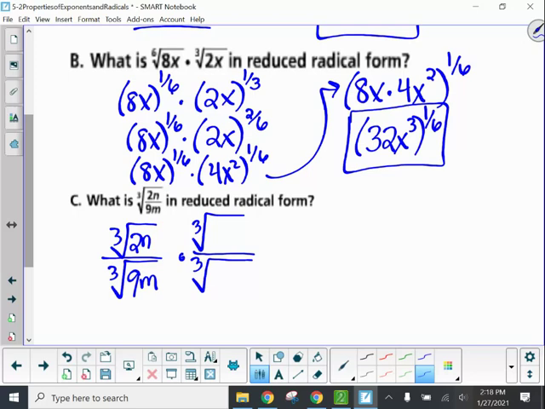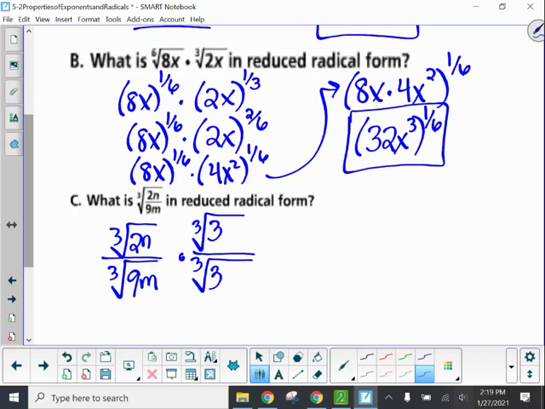Well, I know I can take the cube root of 27, and if I multiply 9 by 3, that would give me 27. So 3 is one of the numbers I have to multiply by. For variables, when you multiply, you're really adding on to the exponent. So you need to figure out what you need to add on to the exponent to make it divisible by 3. Anytime it's divisible by the index, it's going to be a perfect cube or a perfect fourth or perfect whatever your index is.